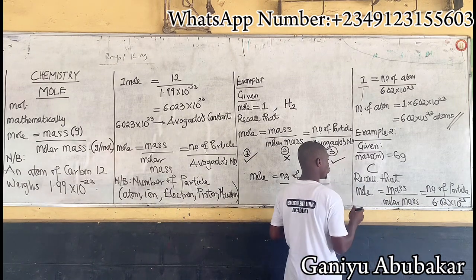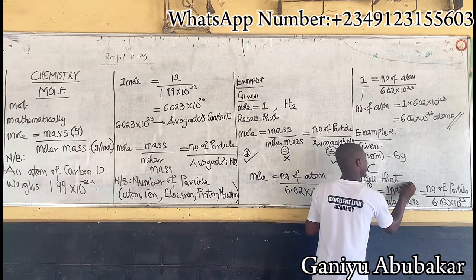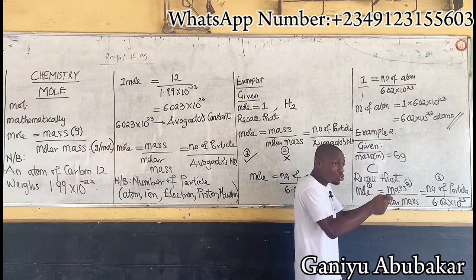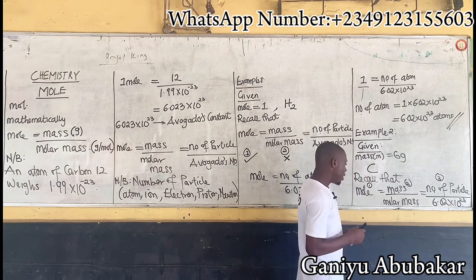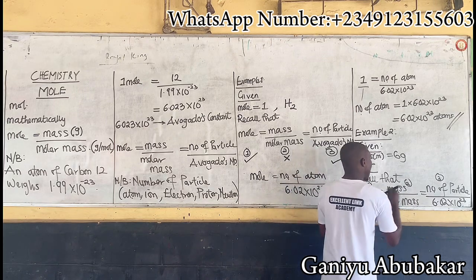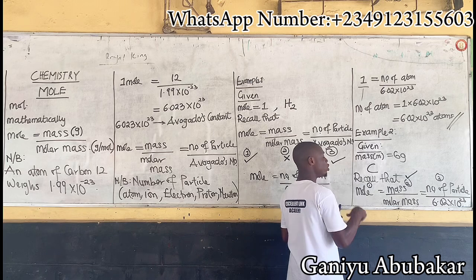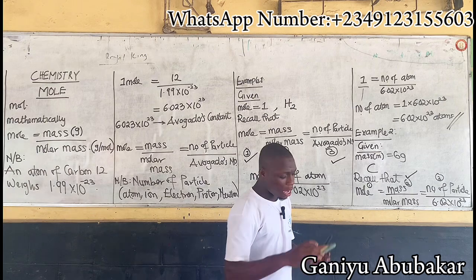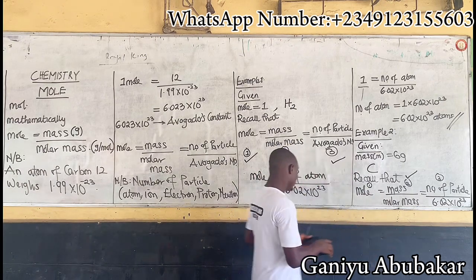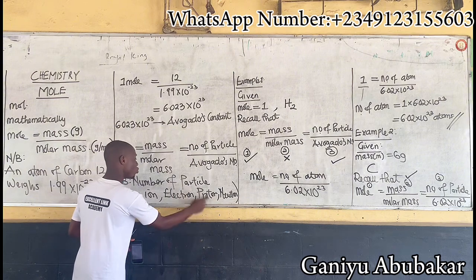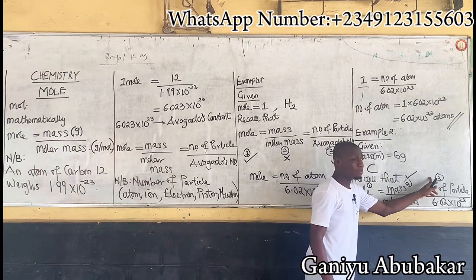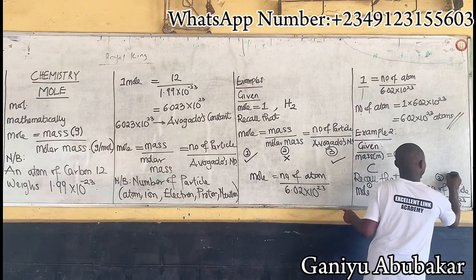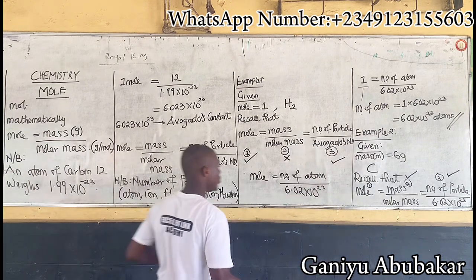I have my first, second, and third equations. Which two equations best suit this problem? I'm given mass, so mass exists here, and I'm using equation 2. Between 1 and 3, which am I using? The question says how many protons, so that's number of particles, proton. So I'm using equation 3. It means I will eliminate equation 1. So I'm going with equation 2 and equation 3. To solve this now, it's quite easy.